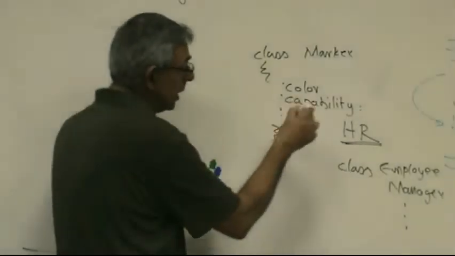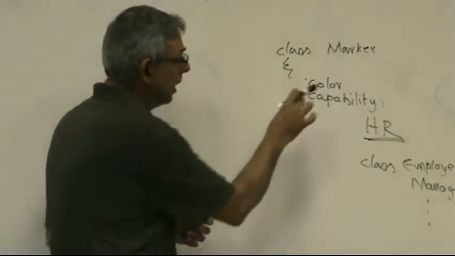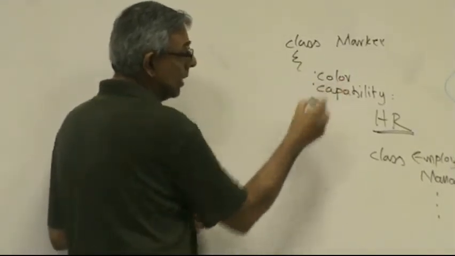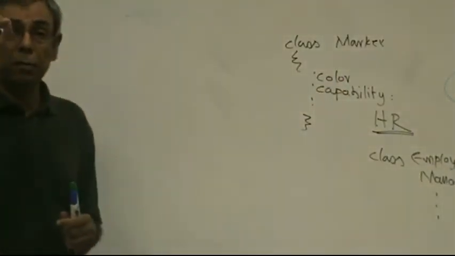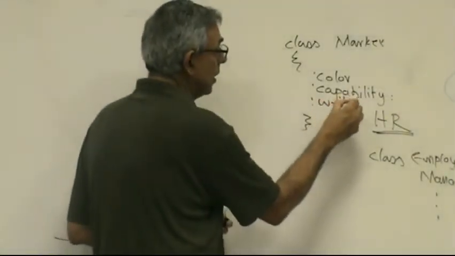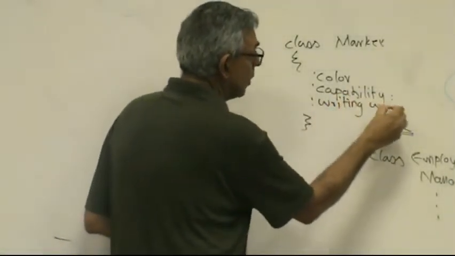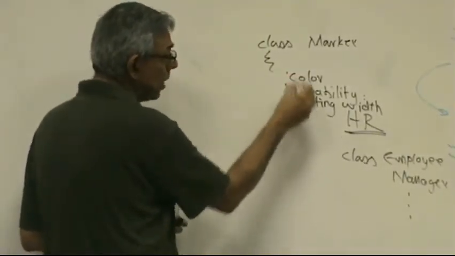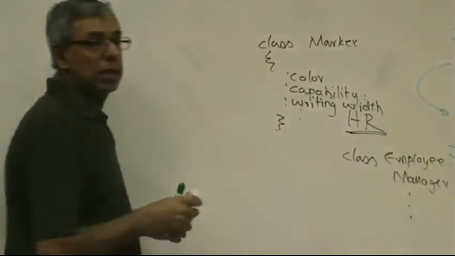And when we write with it, what is the thickness of the writing? Some are smaller markers, they are very thin. So for example, writing width or whatever, right? So these are the different properties a marker needs, right?